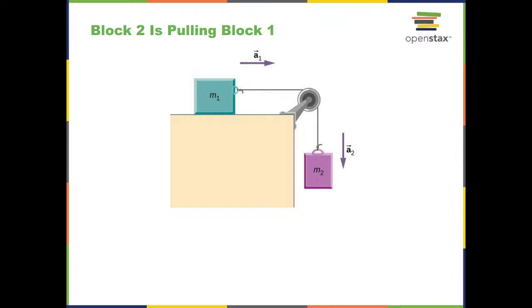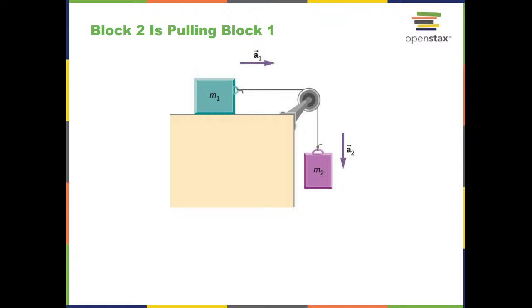So let's look at this problem now. We have a mass m2, which is accelerating downwards, and we have a mass m1 that's connected with the tension in this rope to mass 1.